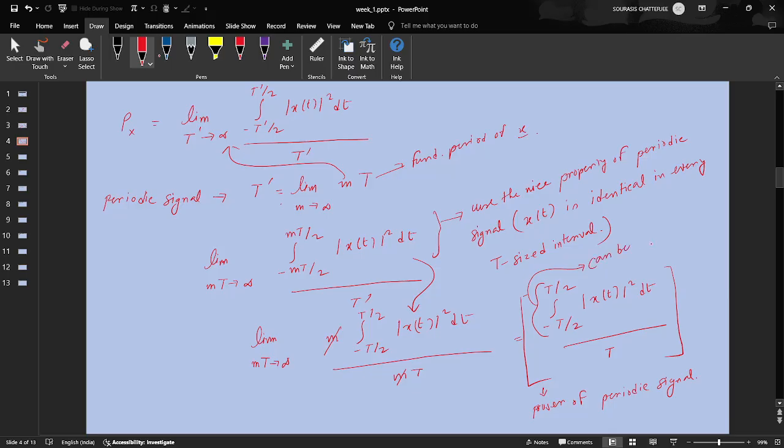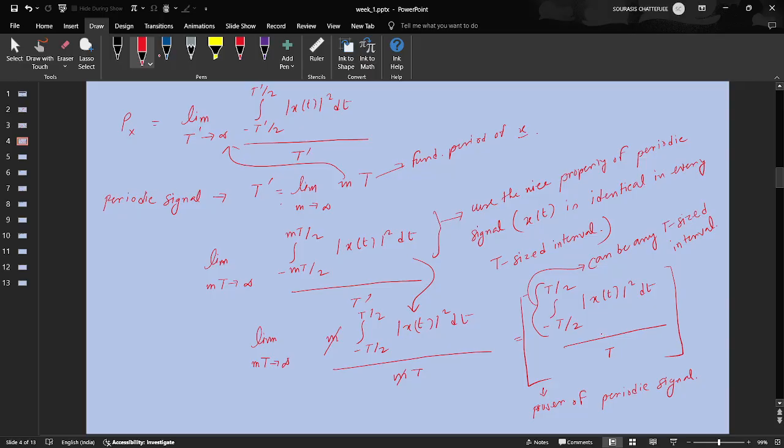So for a periodic signal, the computation of power is extremely easy. We need not compute the integral over a very large time interval, a very large window.